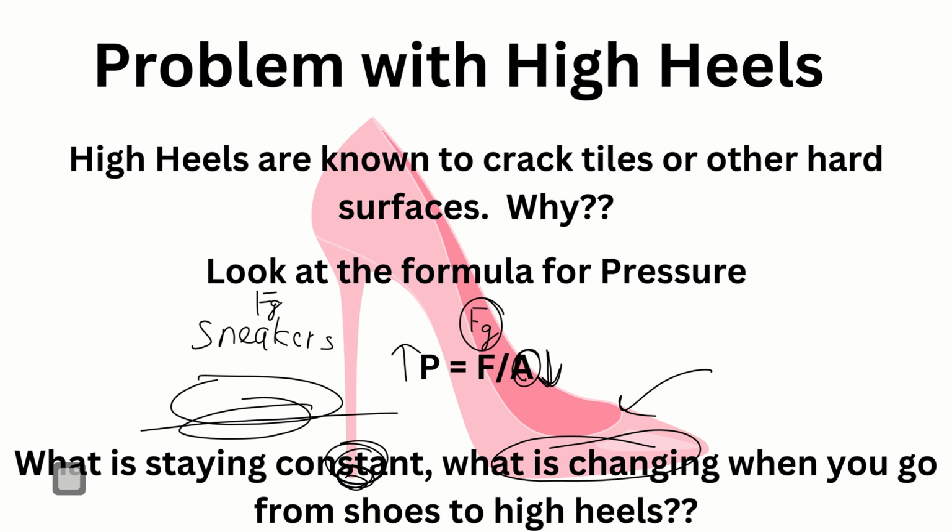If I decrease the area, I increase my pressure. There's an inverse relation between the two. And due to this increase in pressure acting on this one spot of the floor, this can cause tiles, hardwood floors to crack. Okay? So it's just manipulating that variable a little bit between the two of them.